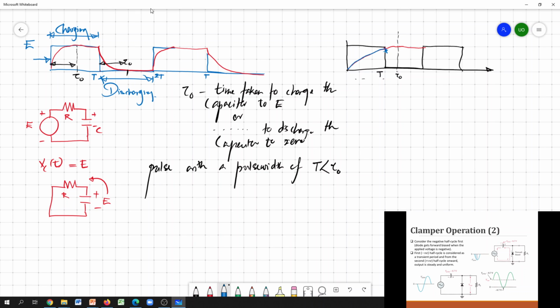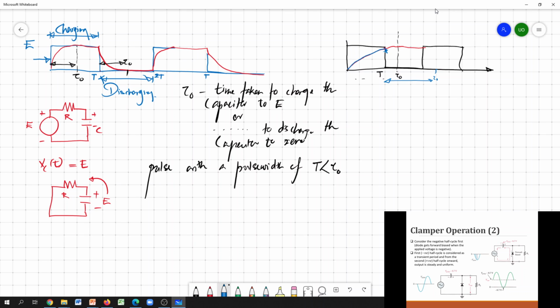Then we know that during this period where you apply 0 voltage, it basically discharges. Again, if this capacitor needs to discharge to 0 level, it needs tau naught duration.